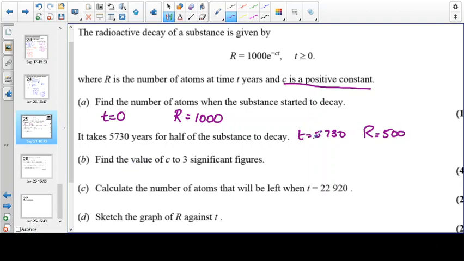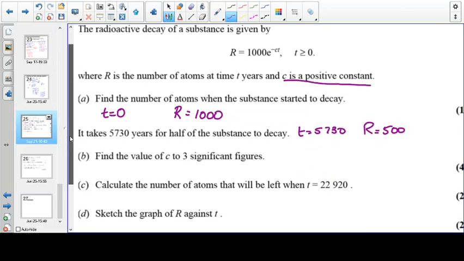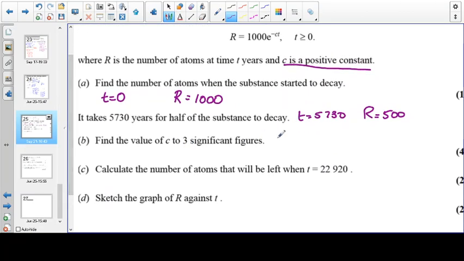So they've given you a piece of information in order to work out what that missing letter is. So we're going to say 500 equals 1000 e to the minus c times 5730. Divide by 1000, so 0.5 or a half equals e to the minus 5730c.